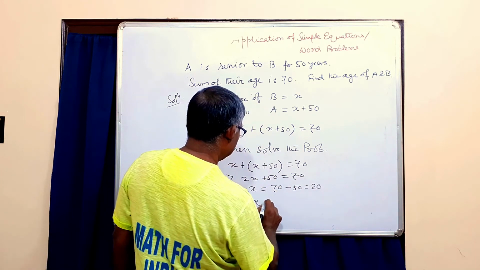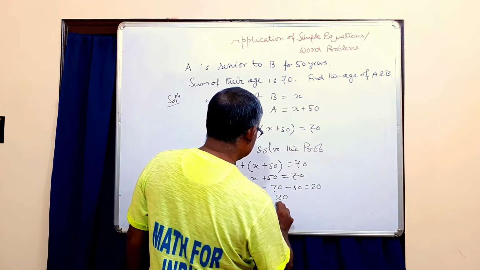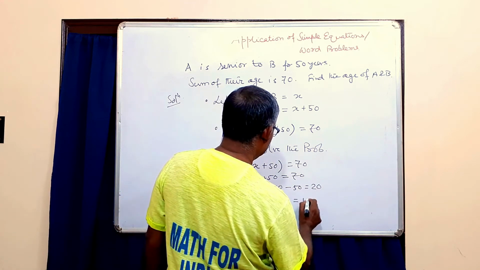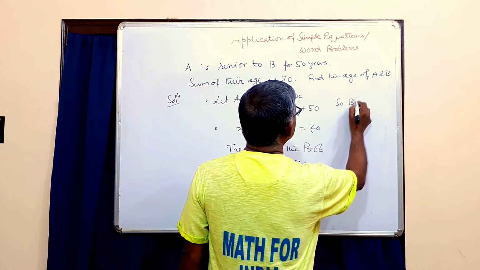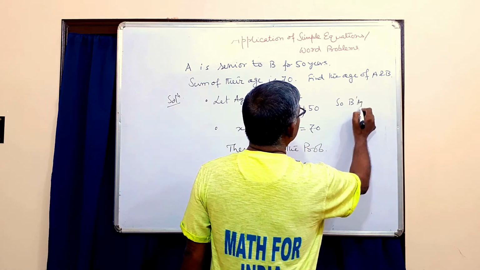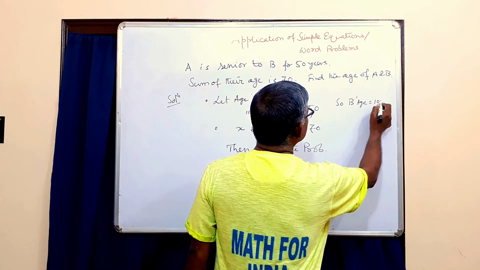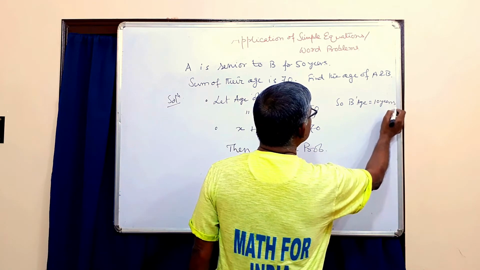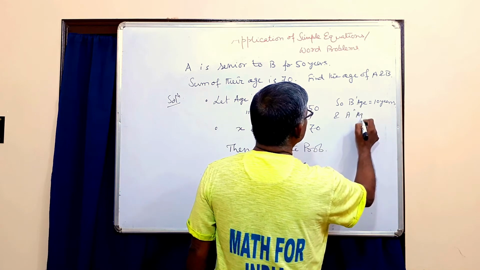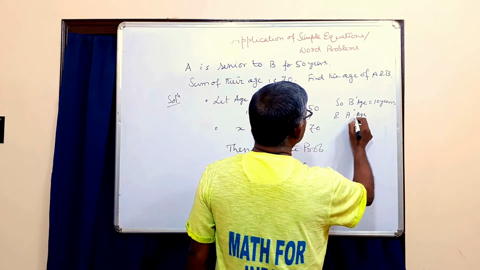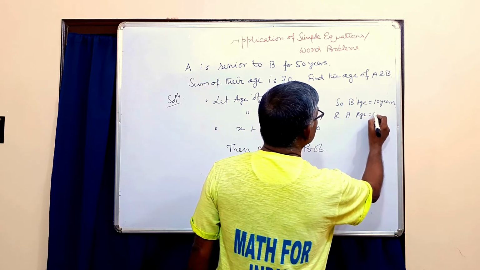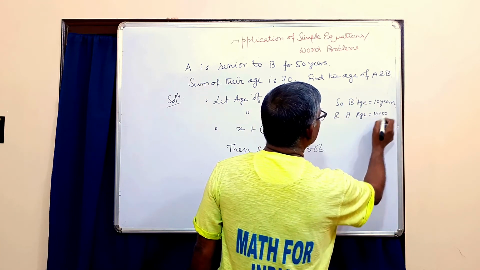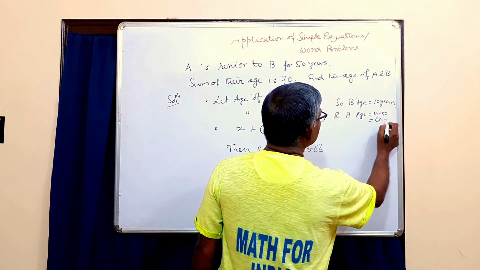Therefore, x equals 20 by 2 equals 10. So B's age equals 10 years and A's age equals 10 plus 50, that is 60 years.